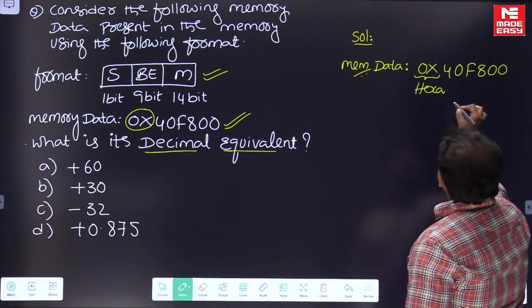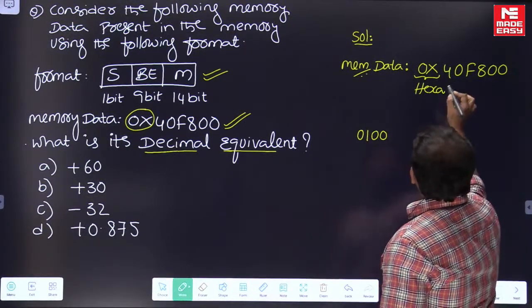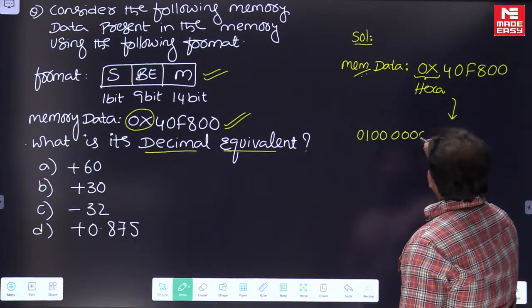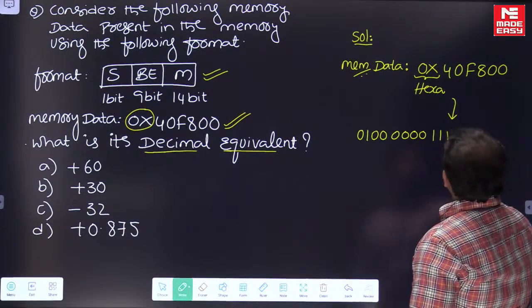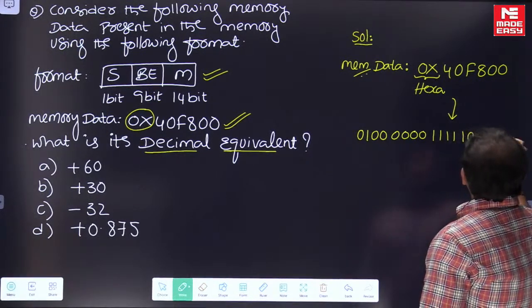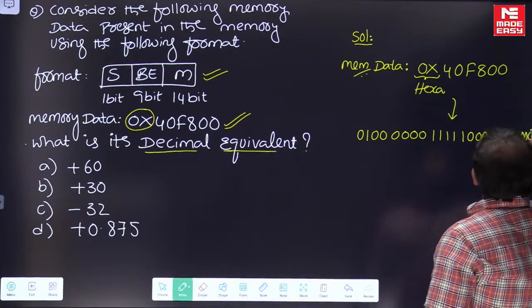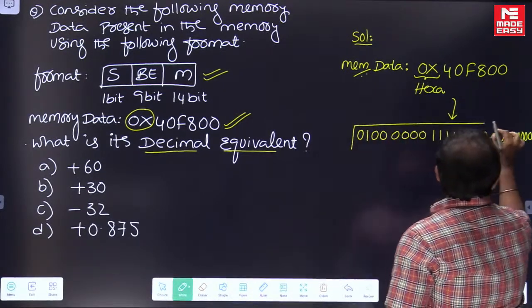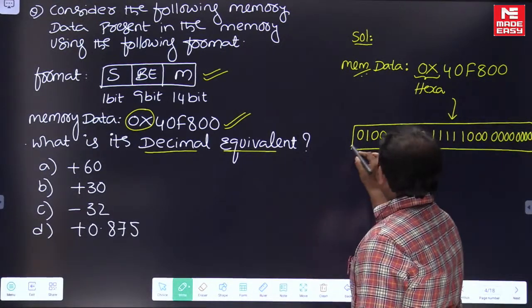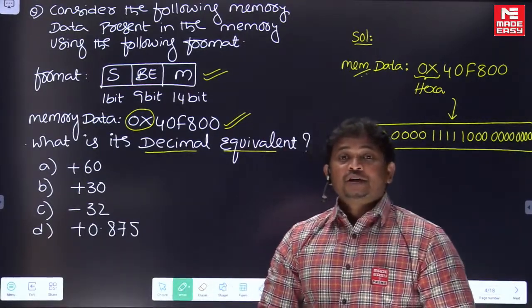So convert this into binary. 4 is 0100, 0 is 0000, F is 1111, 8 is 1000, and the remaining zeros. This is the binary code with respect to the given hexadecimal code.